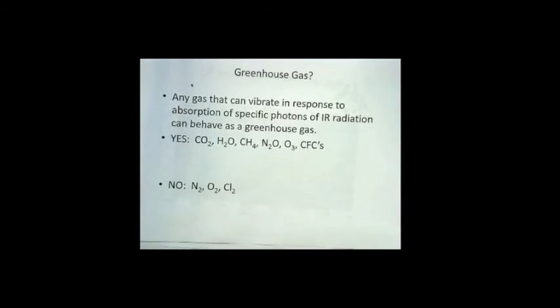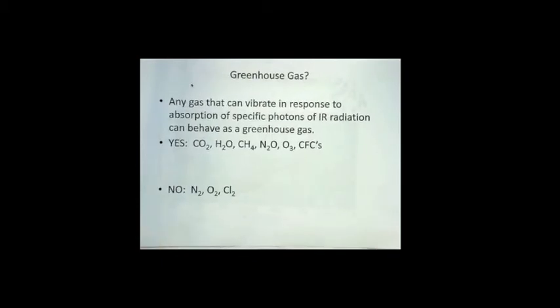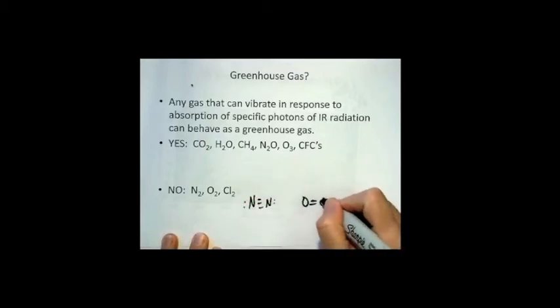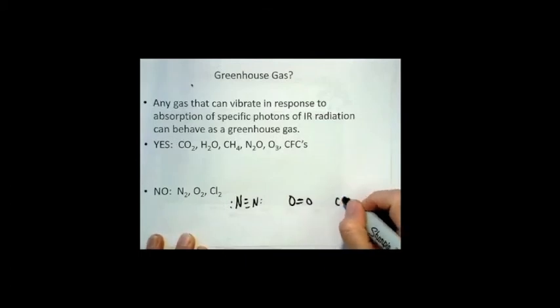Now, the ones that are not capable of undergoing vibrational transitions or absorptions of infrared radiation are these simple diatomic molecules. And the reason why is because in order to have an absorption, I'm just drawing these out.